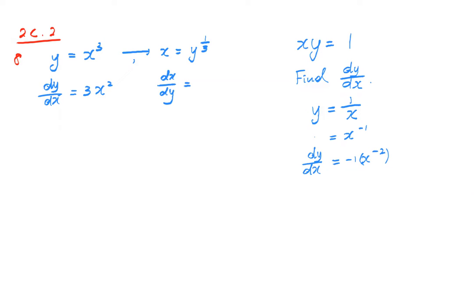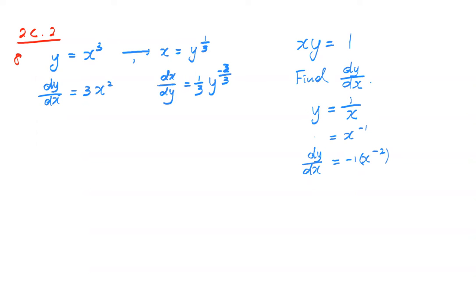So now if x as a subject, I can find the rate of change of x with respect to y. So I follow the same rule, bring down the power, take away 1. Two over 3, correct? That's it. So now they say that find dy dx and hence show that.